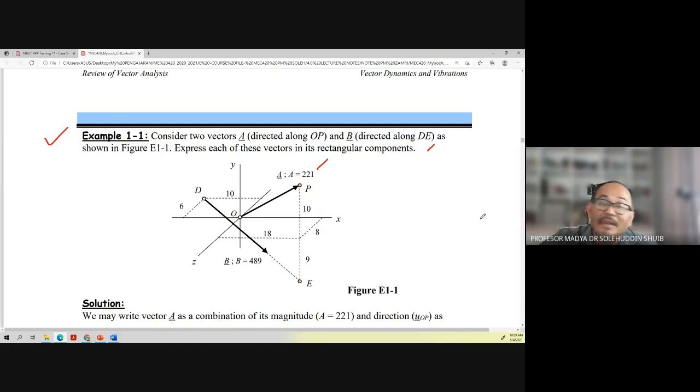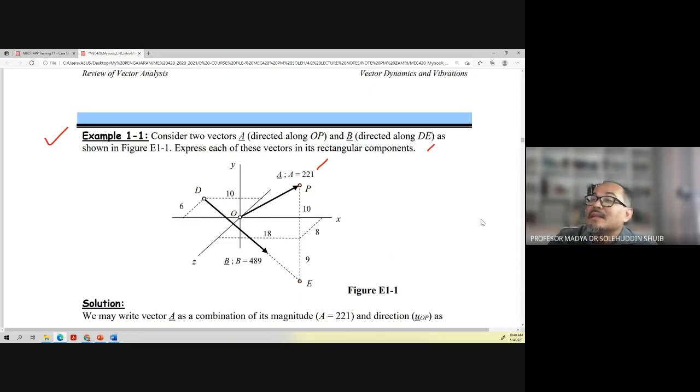You need to refresh what you have learned in statics before. The position of each of those is given here. This is 18 in the x direction, and 8 in the z direction, and then 0 in y.